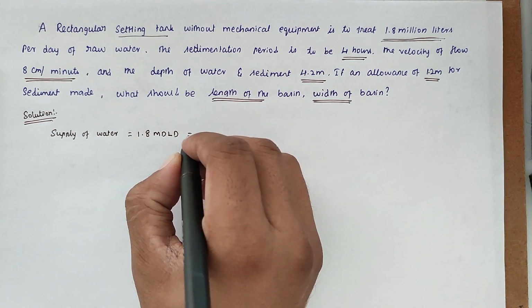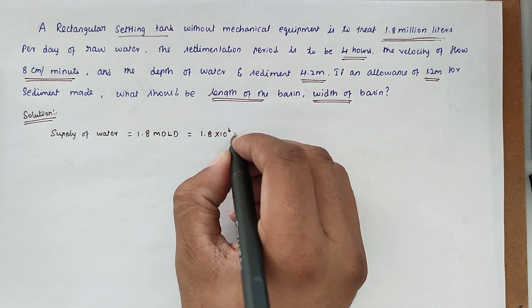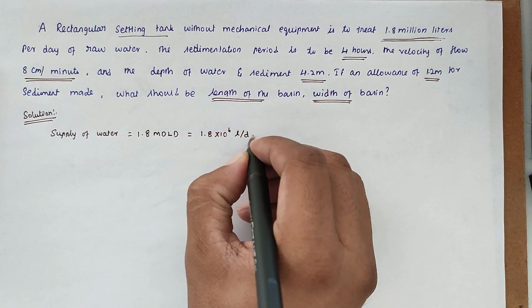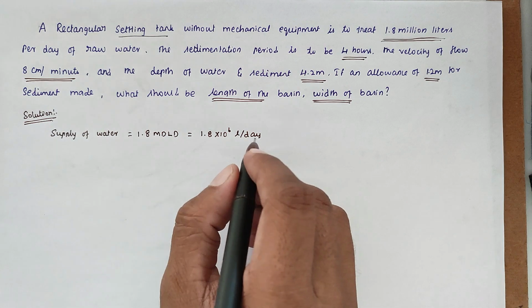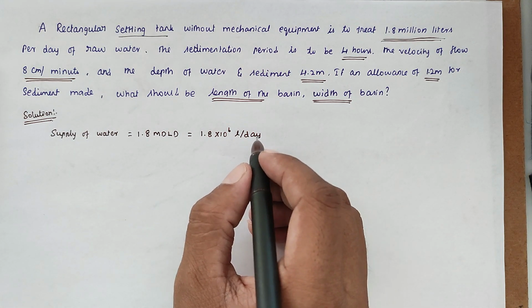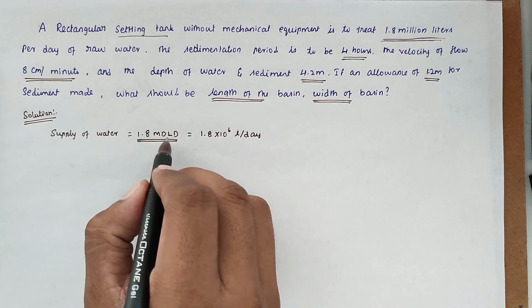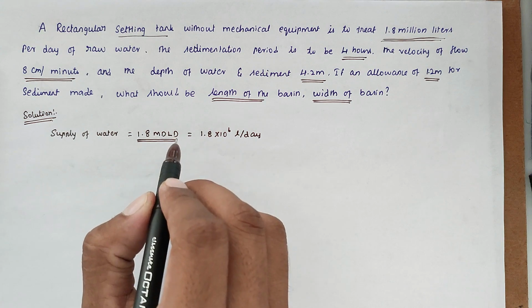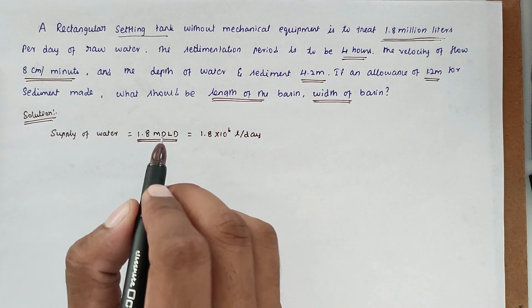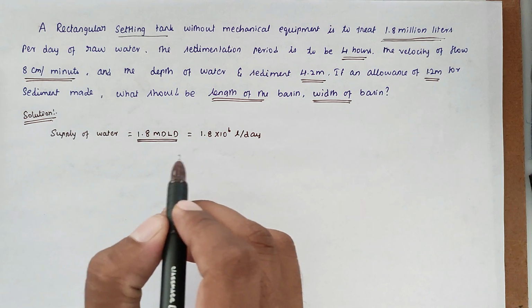We can convert into liters per day, so 1.8 into 10 power 6 liters per day. Now the detention period is only 4 hours. The 1.8 million liters is for 24 hours, so for 4 hours, how much water stays in the settling tank?